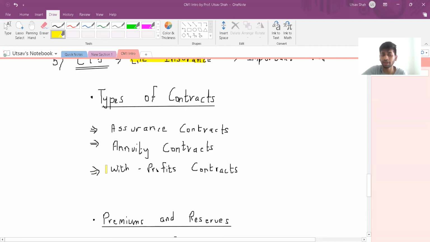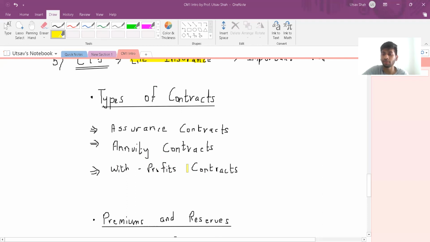What are with-profit contracts? This is a bit of a heavy topic, and I'll try to give you a brief idea, but I'm not going very deep into it because you'll get confused. When you pay premiums to an insurance company, it invests those premiums somewhere, right? For example, if the insurance company assumed that they'll earn 4% returns on those investments, but instead ended up earning 6%, they earned an extra 2%.